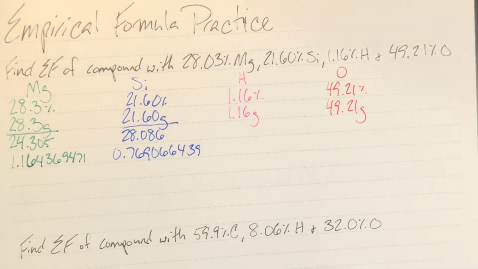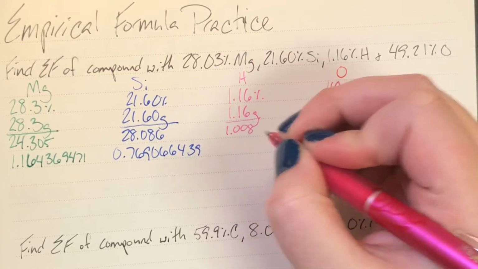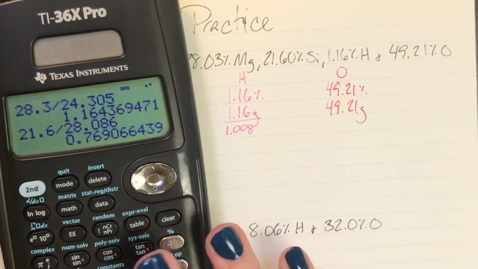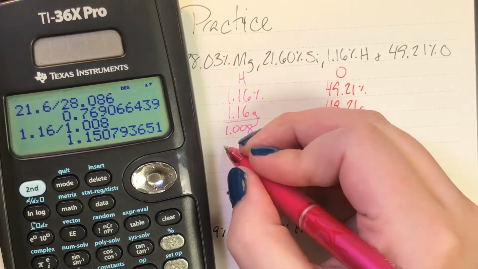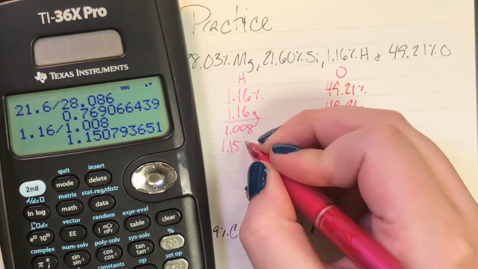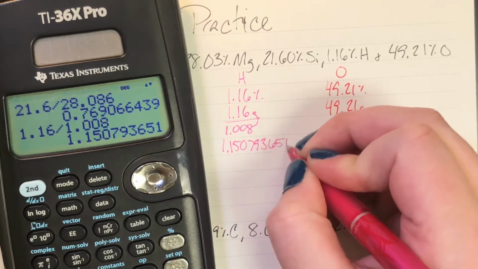Hydrogen's mass on the periodic table is 1.008. 1.16 divided by 1.008 will give me 1.150793651.